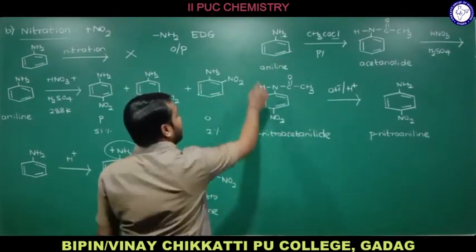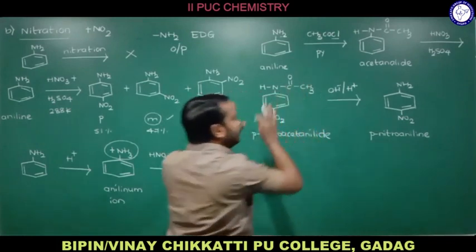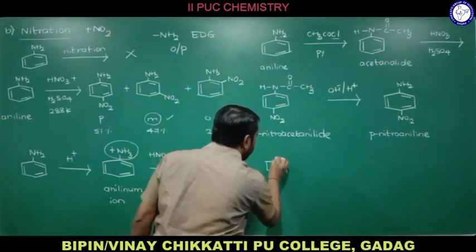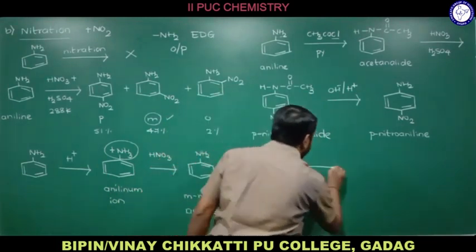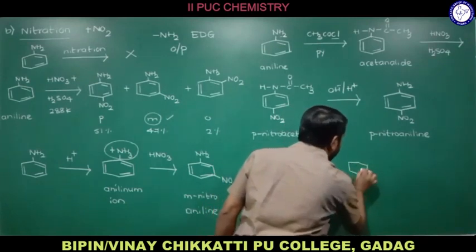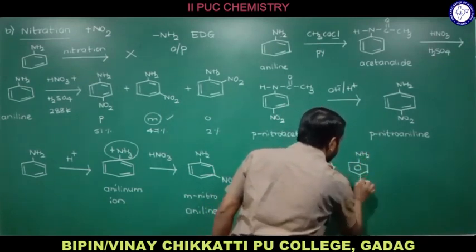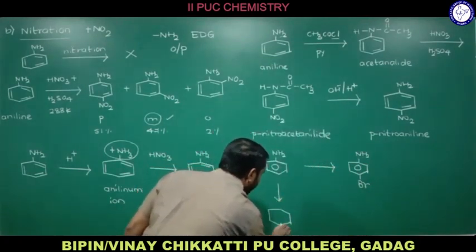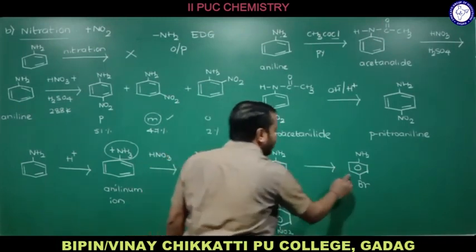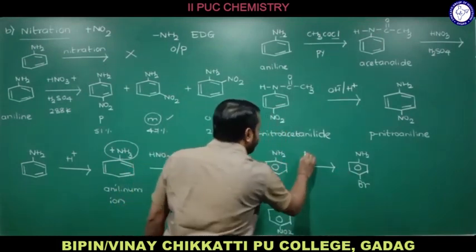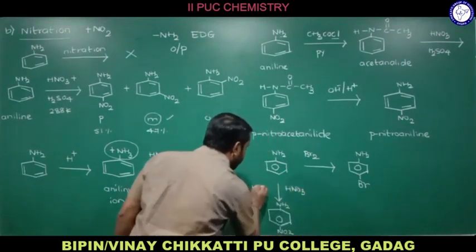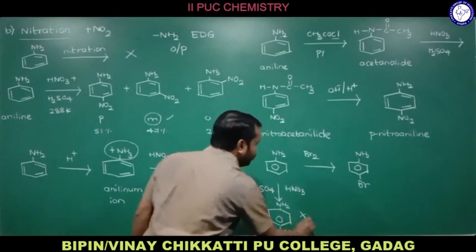Remember, if you want to convert aniline to para-nitroaniline, this is the only reason. Remember that in case of bromination, for your reference let me write over here, NH2, and if you want para-bromoaniline, and sometimes if you are interested in para-nitroaniline, and the question is how you convert aniline to para-bromoaniline or para-nitroaniline, you cannot consider the bromination directly, and you cannot consider the nitrating mixture directly, that is H2SO4 and HNO3, because this kind of reaction won't take place.